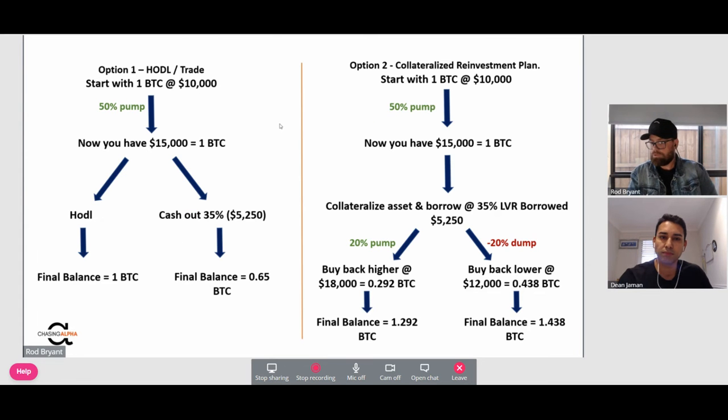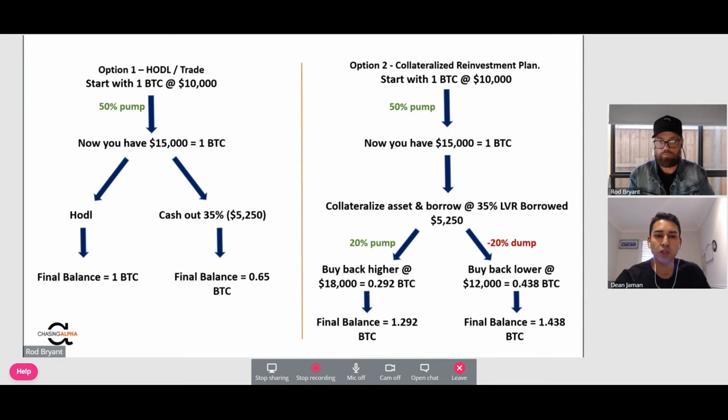Excellent. So what are we looking at here? We've got two options. The first one is traditional: you start with one Bitcoin and you hodl it, or you can trade it. If you buy it at 10,000 and it gets to $15,000, you've made $5,000.